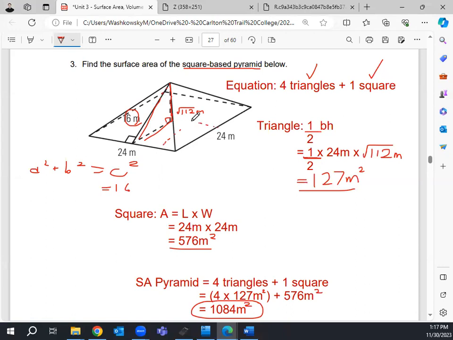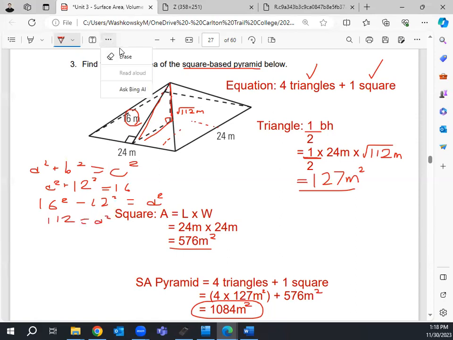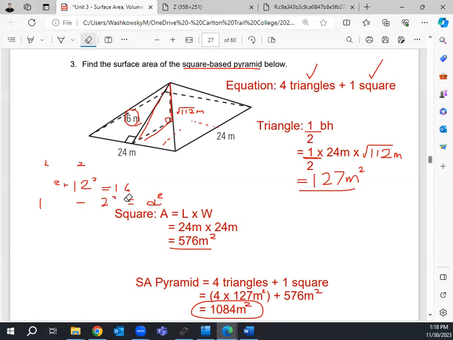Because it's half of this. It's an algebra question, which is why we're leaving it alone for now. But it's 16 squared minus 12 squared is a squared. So you square those up, you get 112 equals a squared, and then that's where we get that square root from. But so far we've only learned how to do the hypotenuse, which is why I'm just like, nope. We'll come to that later.